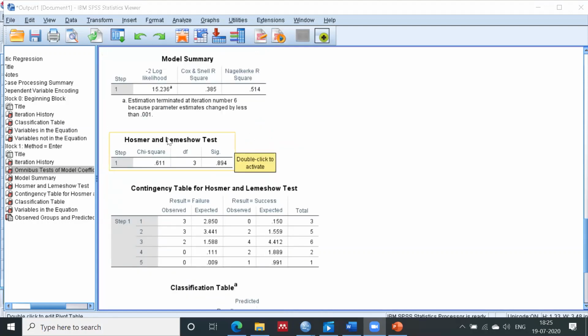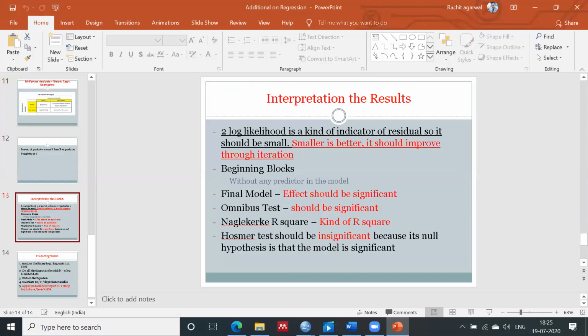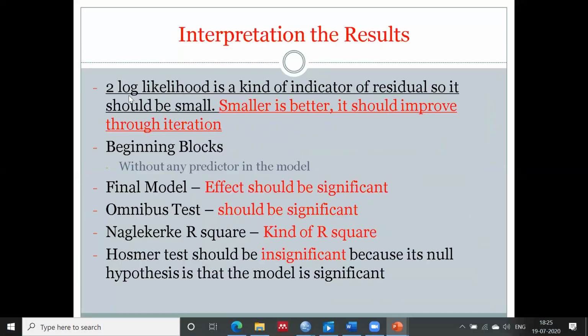Now the next one is the Hosmer test. Hosmer test should always be insignificant. I have written all the parameters in my PPT also, so you will find all these things. Log likelihood is an indicator of residuals, so it should be small. Small is better. It should improve through iteration.